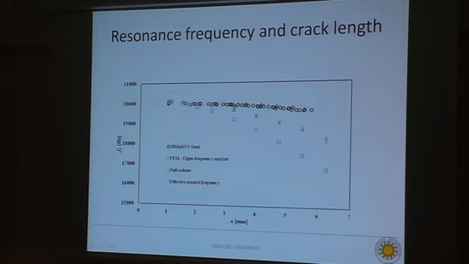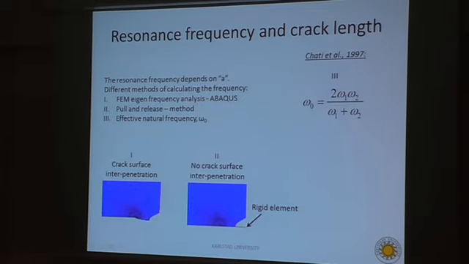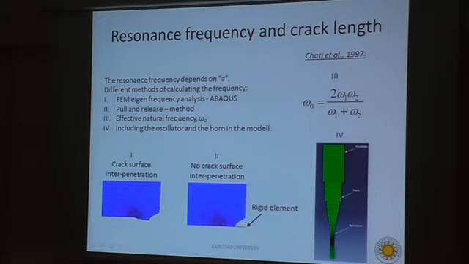So in the last step, we tried to include the oscillator and the horn into the FEM model, which will look like this, where we have the specimen down here and the horn and the oscillator. And the oscillator is represented by a solid cylinder with a 20 kHz resonance frequency.